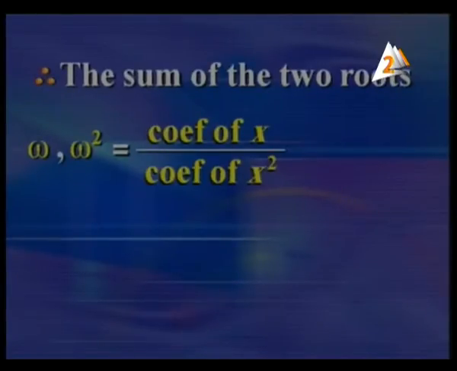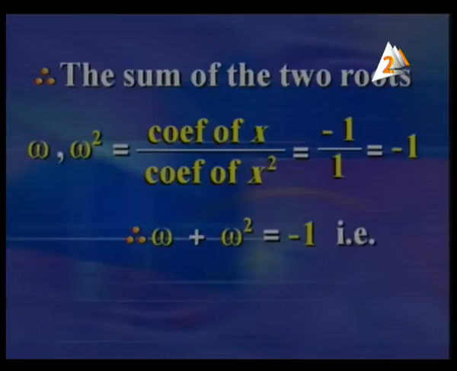Then the sum of the two roots, omega plus omega squared, is negative coefficient of x over coefficient of x squared, negative 1 over 1, which equals negative 1. By adding 1, we get 1 plus omega plus omega squared equals 0.